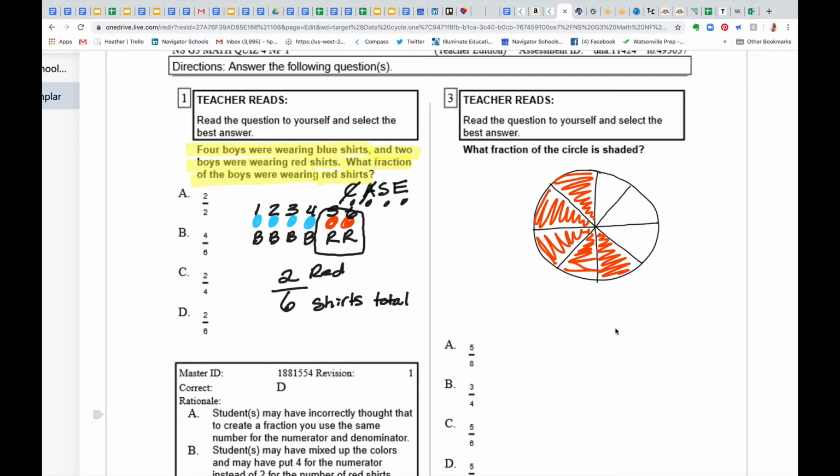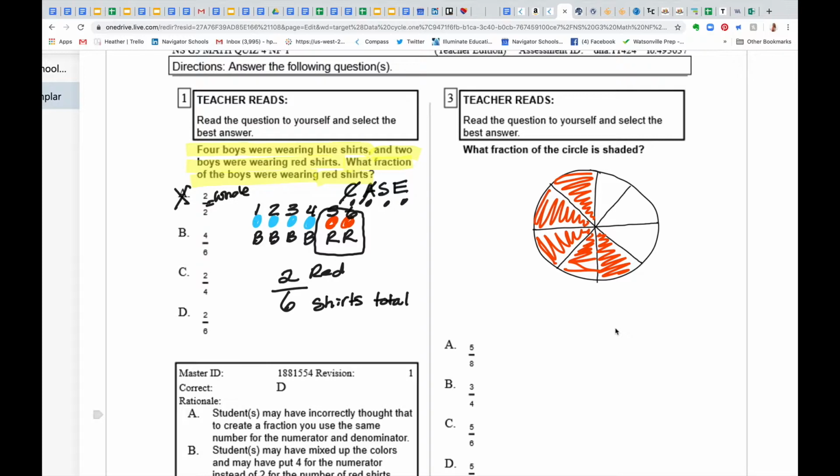All right. Now, one strategy that I like to have my students do is to go through the multiple choice and just double check against their work and disprove any answers that might be incorrect. So I can tell right off that A is incorrect because that's equal to a whole. And I know that every single one of these kids are not wearing red shirts.